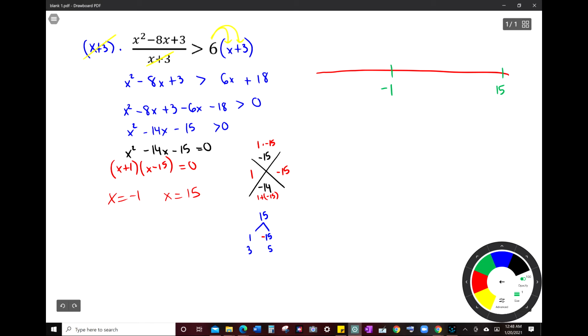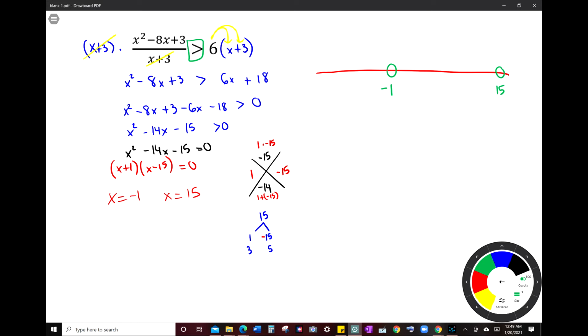All right. So I would treat these 2 points as my critical points. And because we have strictly greater than, this critical point will be open dot. So I have open dot at negative 1, open dot at 15.